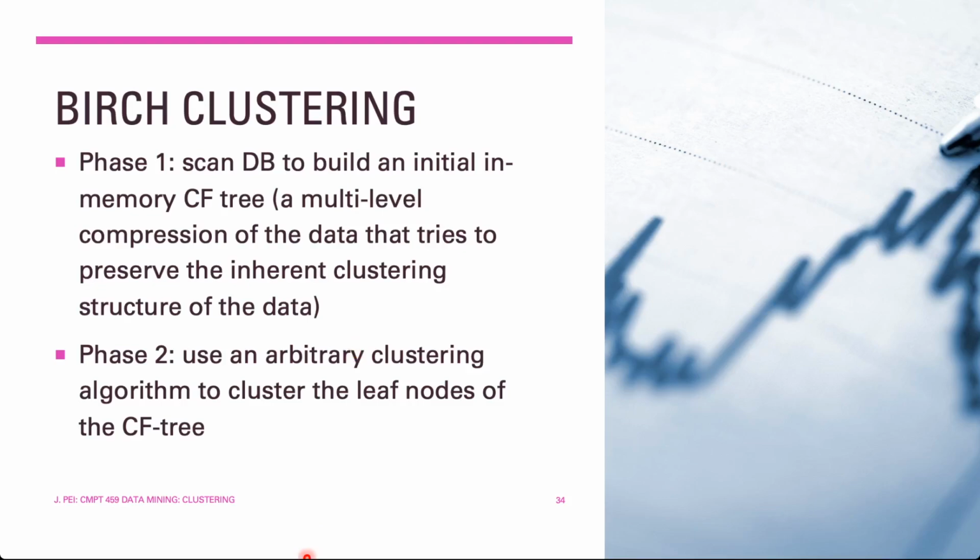Essentially, we can use the CF tree as a summarization of the data, and then use other clustering algorithms to build better clusterings based on the CF tree information. We won't go into the detailed steps in the BIRCH algorithm. If you are interested, please refer to the corresponding literature.